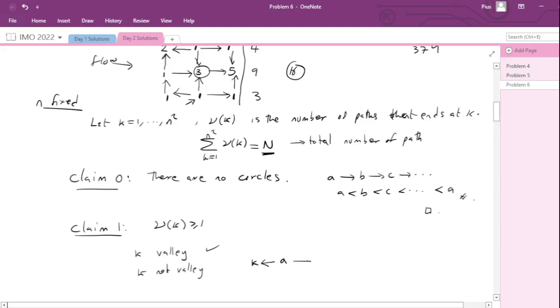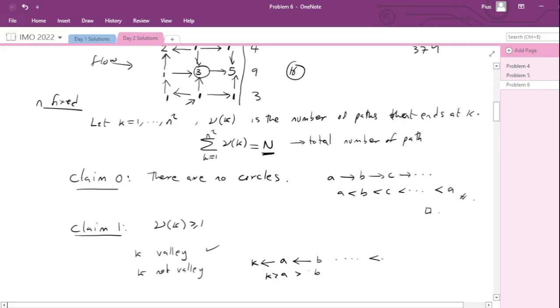If a is not a valley, we continue like this. We keep doing this, and we know that they have inequalities attached to them, so this is going to be a decreasing sequence, right? And we know that we only have a finite number of terms in this sequence, and we keep going downwards. Since it's bounded below, we must have a point where this cannot happen anymore.